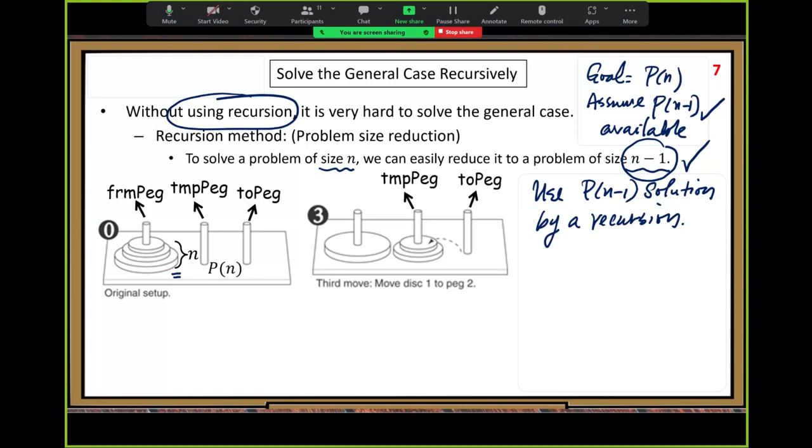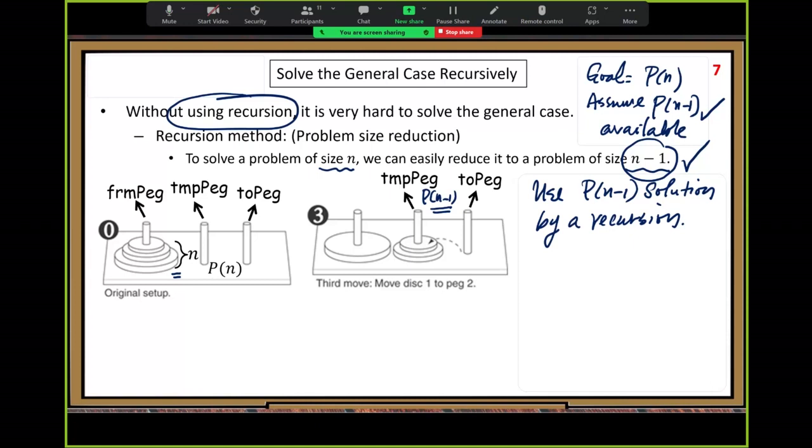So in order to get that, first let's solve this P of n minus 1 solution. Let's apply that known P of n minus 1 solution. We know by recursion we can assume that. Recursion allows us to get the solution result of P of n minus 1.